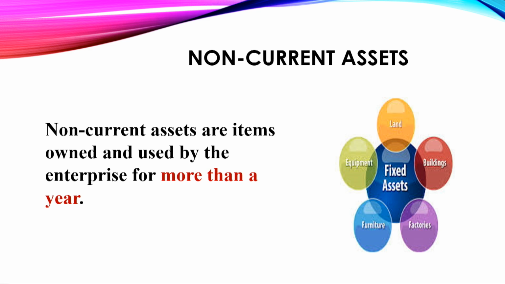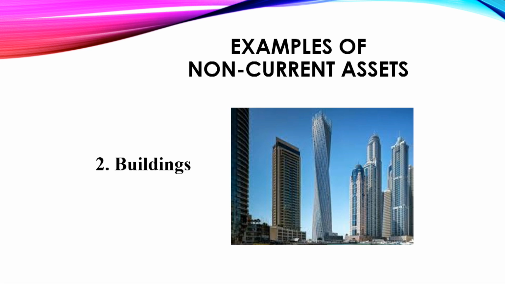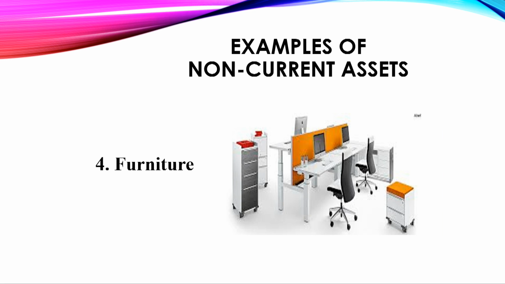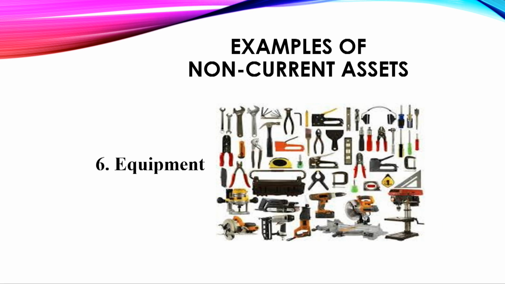That is, they stay in the business for a very long time. Examples of non-current assets are land, buildings, motor vehicles, furniture, machinery, and equipment.